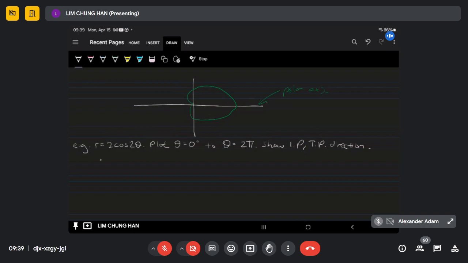I want you to check for symmetry first: symmetry about the polar axis, the pi/2 axis, the vertical axis, as well as symmetry about the pole. So I want you to do all three checks first. Then you plot.